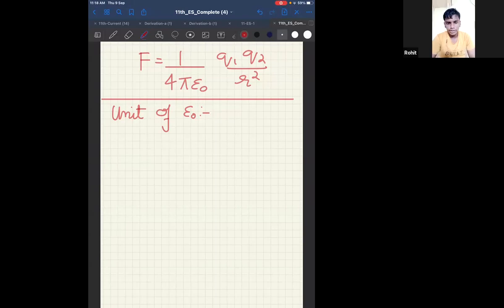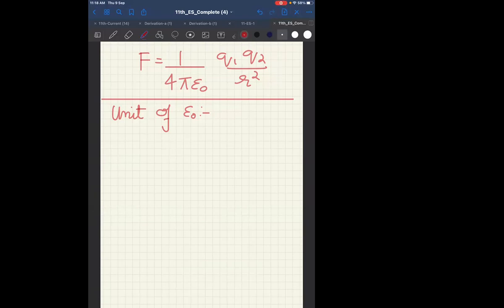Coulomb per Newton meter square, almost correct.